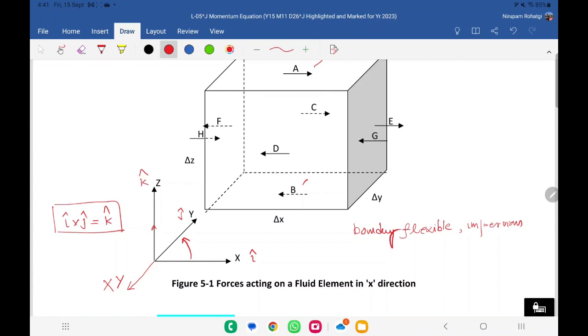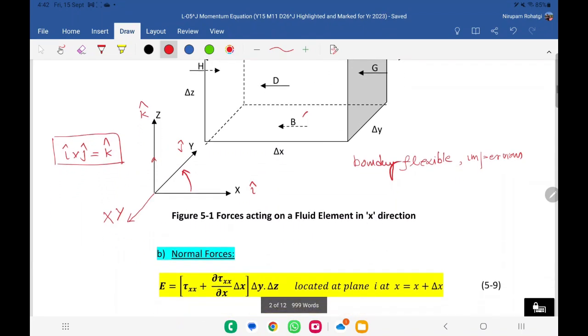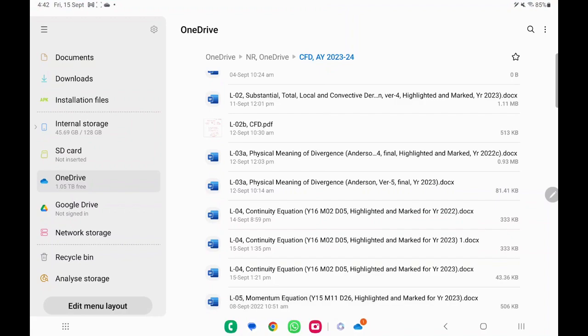This cross product rule should be followed. Otherwise, what will happen, if you have to do cross product in your solution somewhere, you will get a negative answer, and that may not be correct. Okay, so this is what we have to follow. Okay. Now then we talk about normal forces.